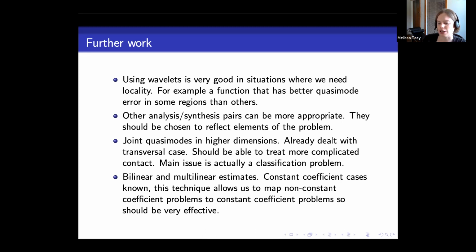So in some sense, you want to match it to your problem, but you don't want to be creating completely new analysis synthesis every time you do a new problem. So what you might want is, say, here is an analysis synthesis that works really well if you've got a boundary. Here is one that works really well if you've got a corner. That kind of level of generality is what I'm aiming at.